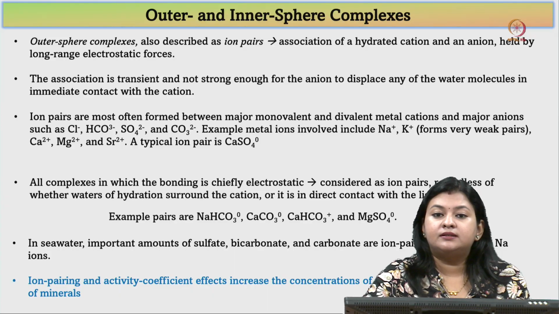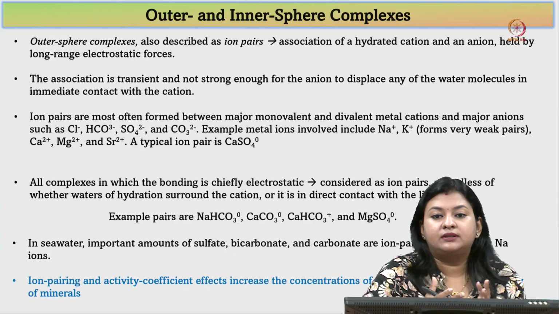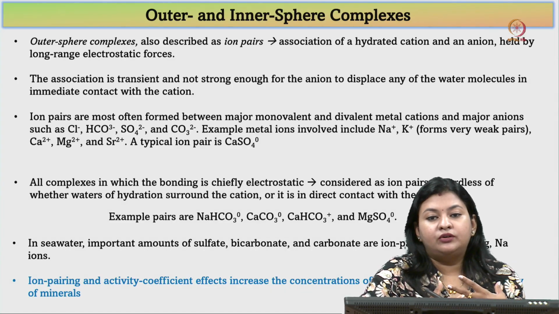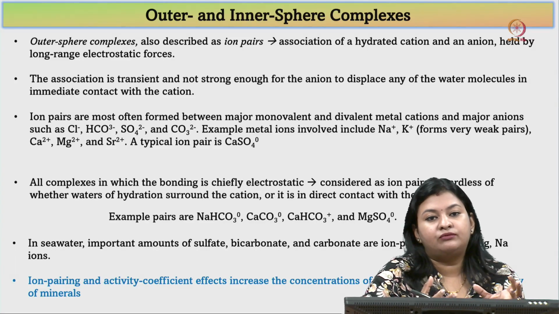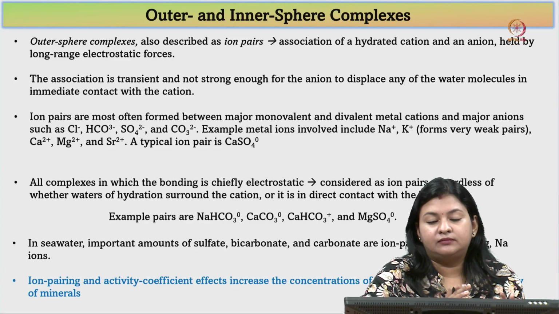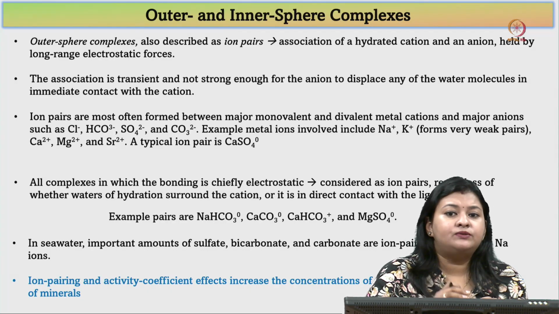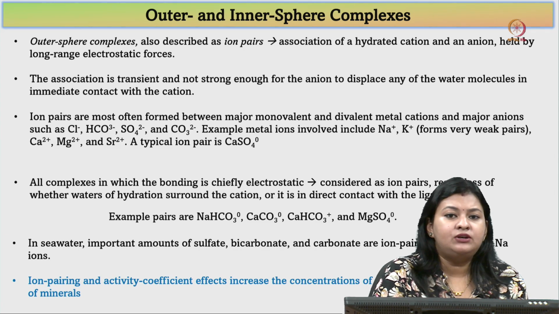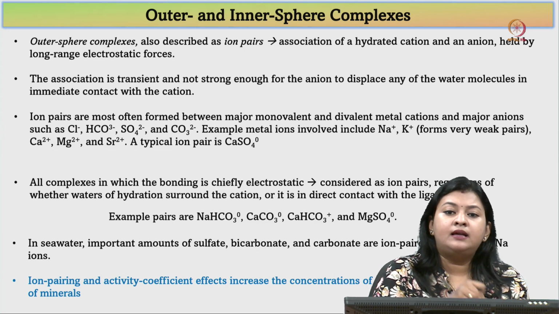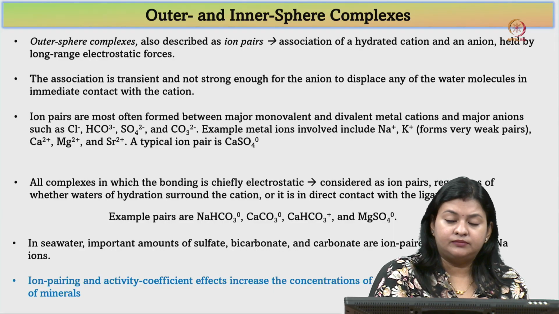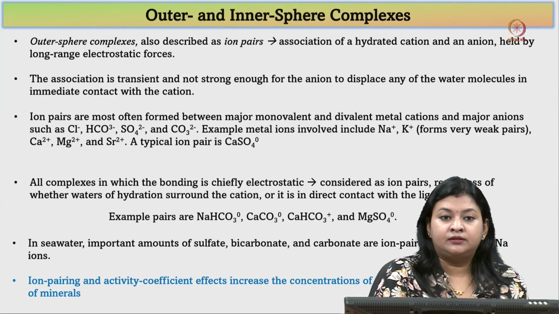So, this is a long range force that is acting. So, they are generally called ion pairs, there is no strong bonding between them, they are just somewhat oriented because of these long range electrostatic forces. Okay. So, this is called the outer sphere complexes. Their association is very transient and not strong, and often we find that the anion cannot displace the water molecules that are in immediate contact with the cation.